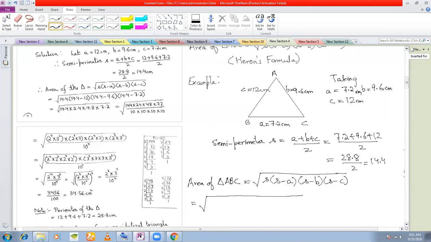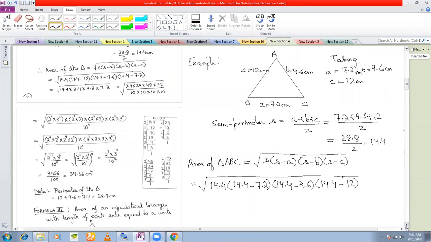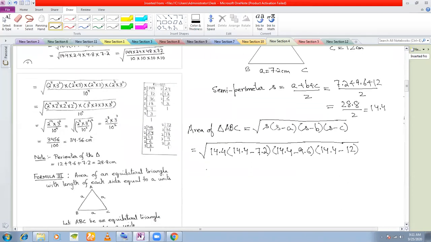And you put the values. S is 14.4. S minus A: 14.4, and the value of A is 7.2. 14.4, the value of B is 9.6. 14.4 and the value of C is 12. Now the most important part here is how to find the square root of all this.